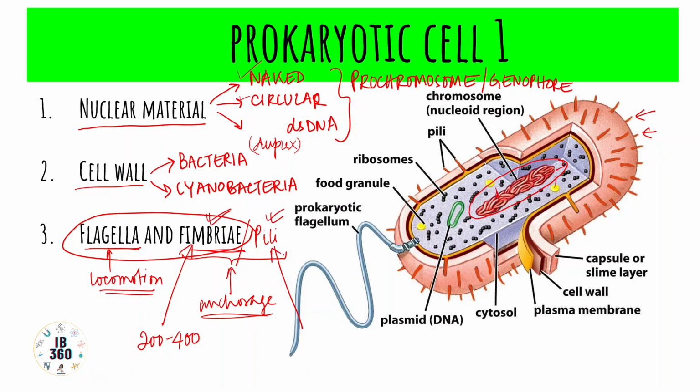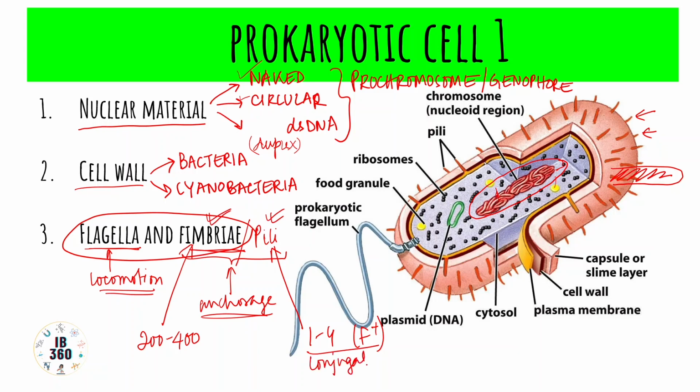Pili, on the other hand, are much more solid, thicker, and longer structures. They would be supposedly like this, and they would be 1 to 4 per cell, and they are not present in every type of bacterial cell, only in the F plus ones which have a fertility factor. They are mainly meant for conjugation.